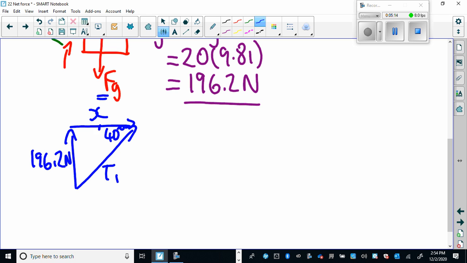So let's use trigonometry to find out T1, and we've got the opposite, and T1 is the hypotenuse.